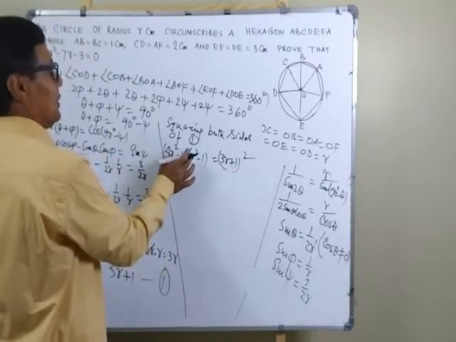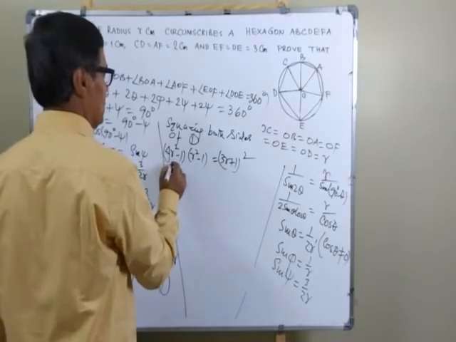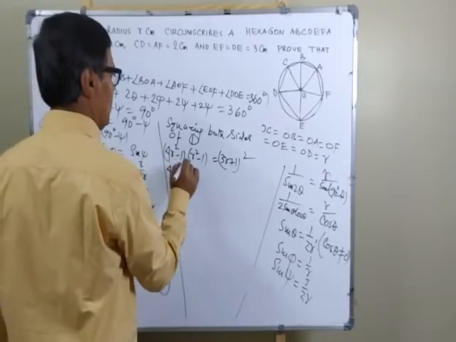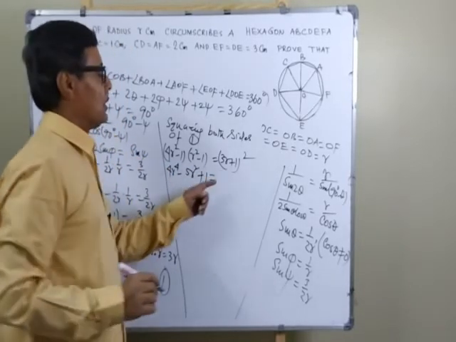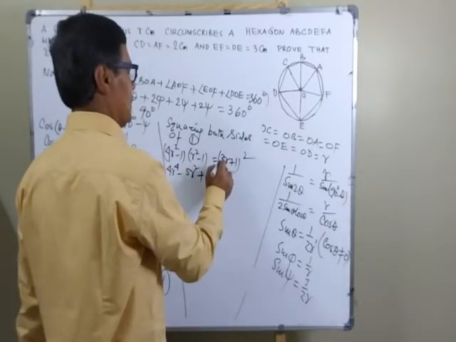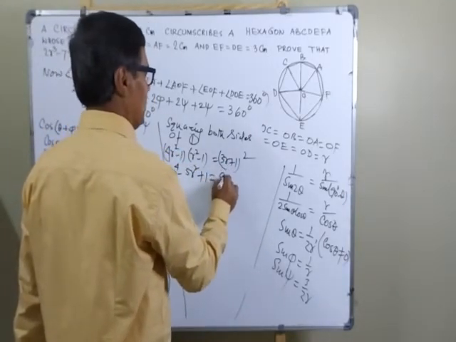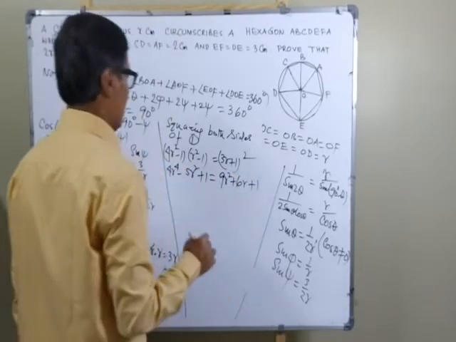Now we can multiply these two terms. After multiplication we get 4r to the power 4 minus 5r square plus 1, and after expanding the square we get 9r square plus 6r plus 1.